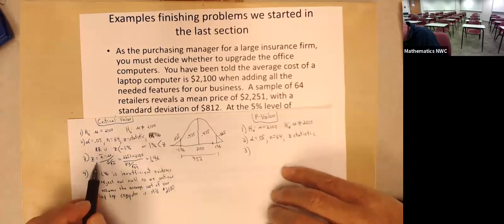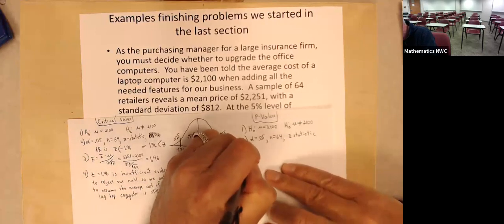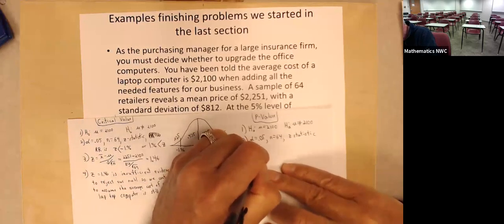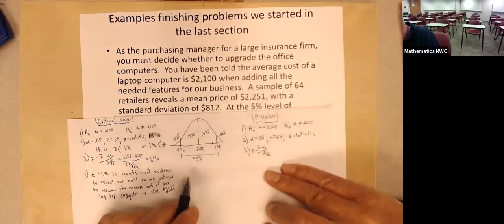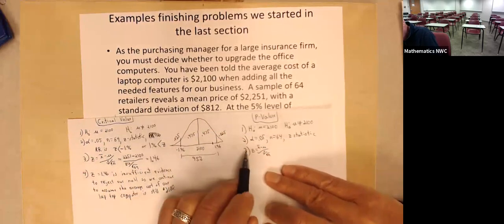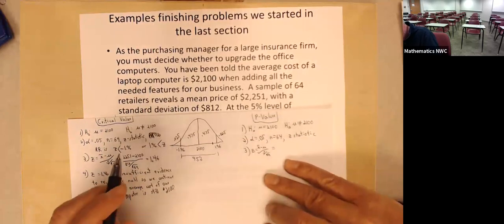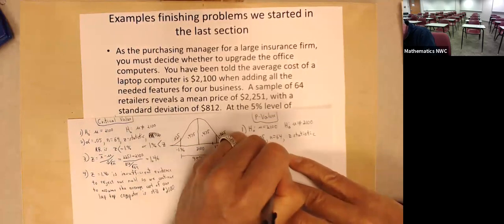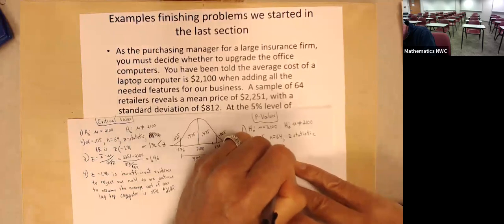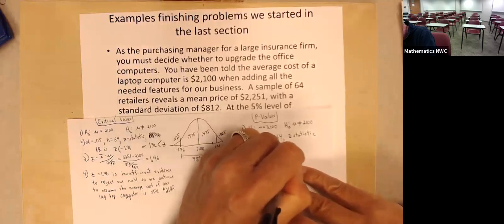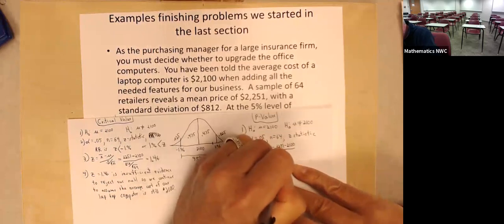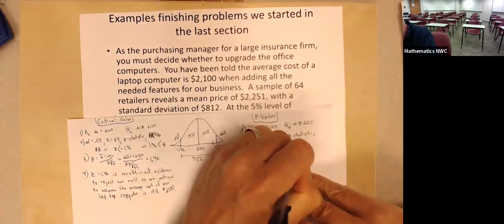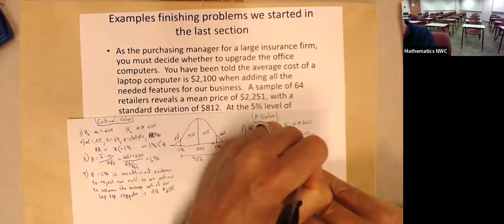It starts out the same formula, x bar minus mu divided by s over radical n, same formula, putting in the numbers, 2251 minus 2100 divided by 812 square root of 64, and I get 1.46.